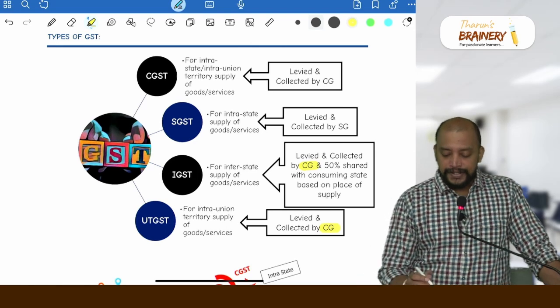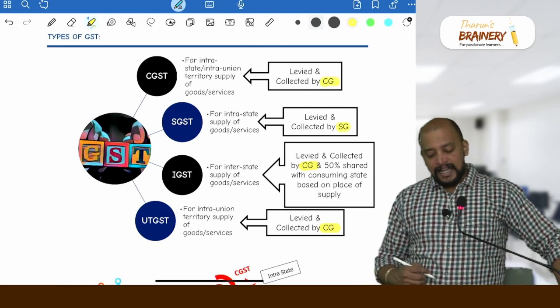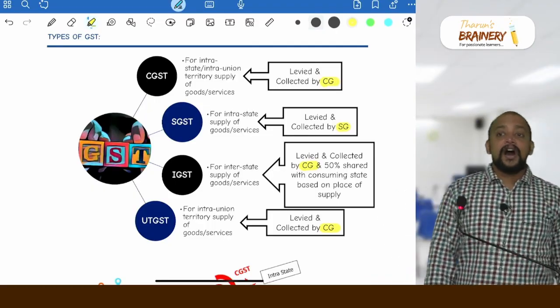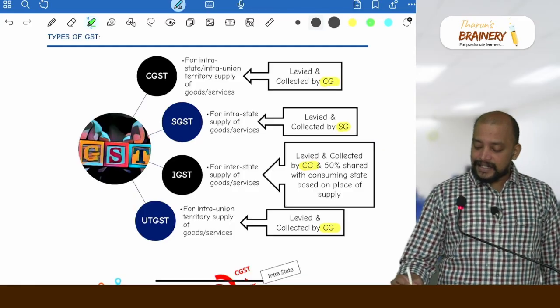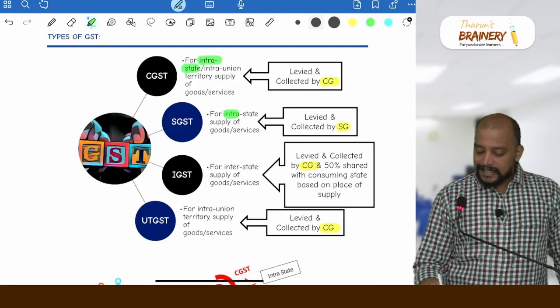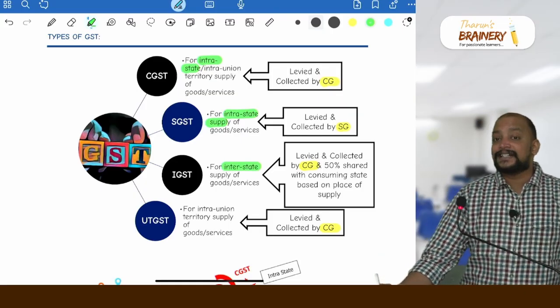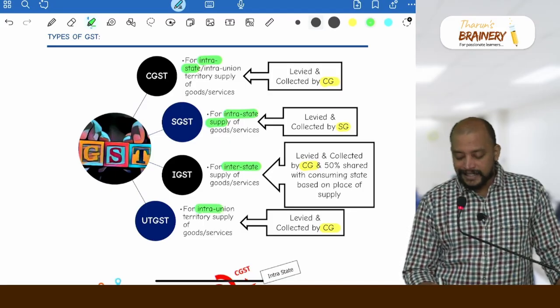So CGST is levied by central government, SGST is levied by state government, IGST and UTGST are levied and collected by central government. On what transaction? CGST is on intrastate supply, SGST is also on intrastate supply, but IGST is on interstate supply, whereas UTGST is also on intrastate supply.